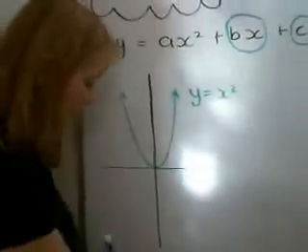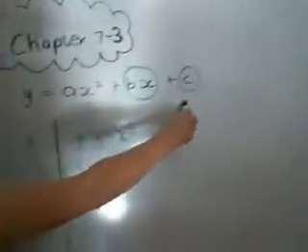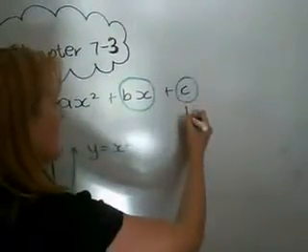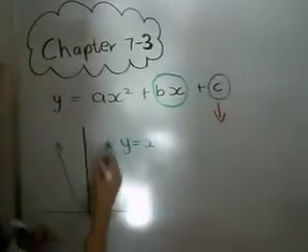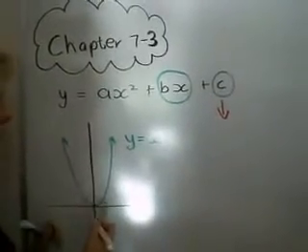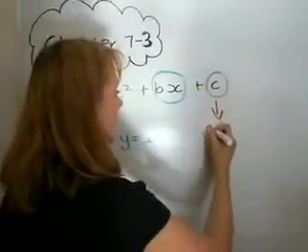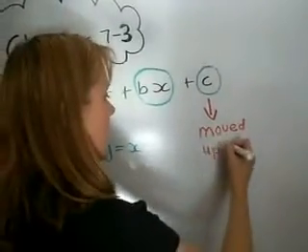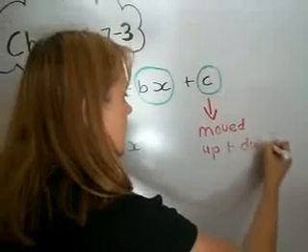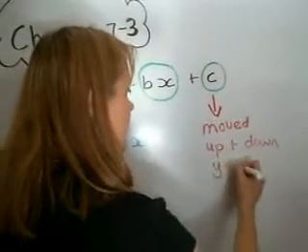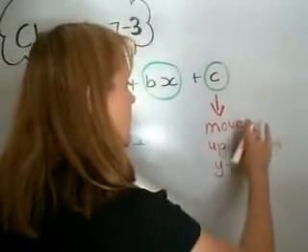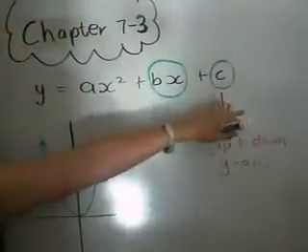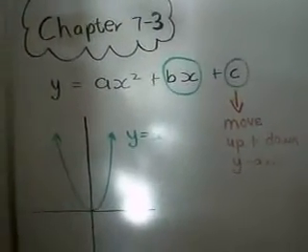Then in the second section, we added C. And what did C do? C moved this graph up and down the y-axis. So basically, C moves this graph up and down the y-axis.